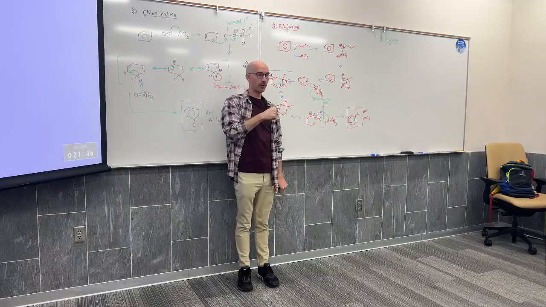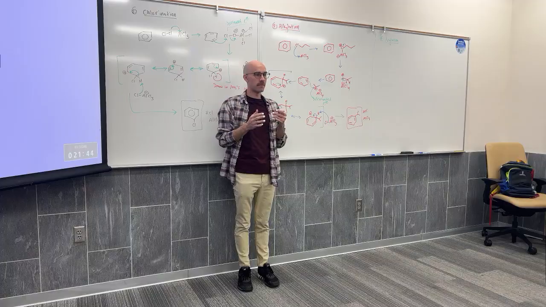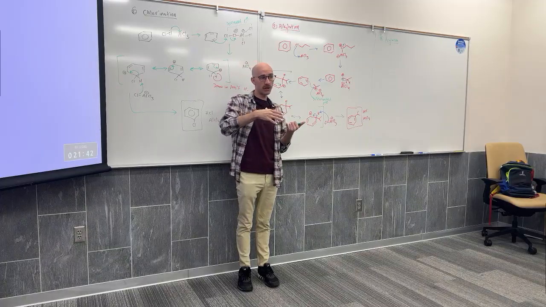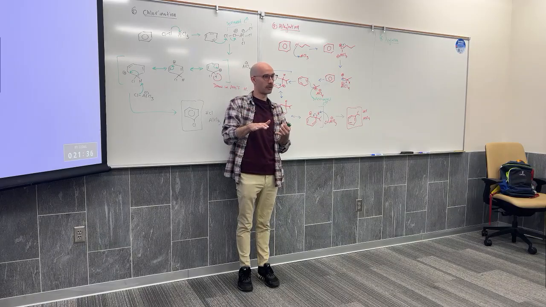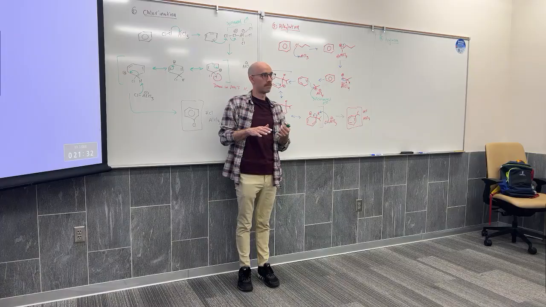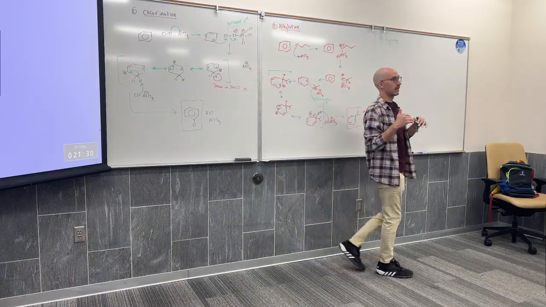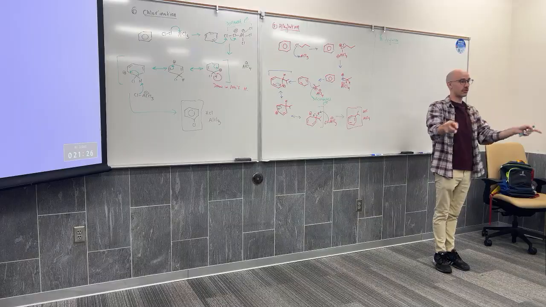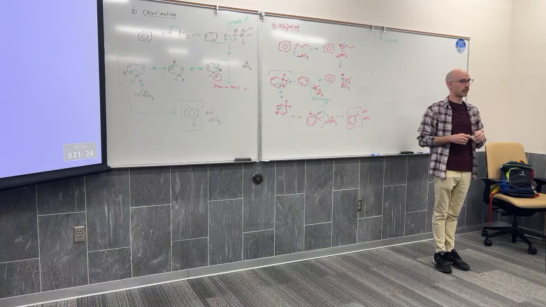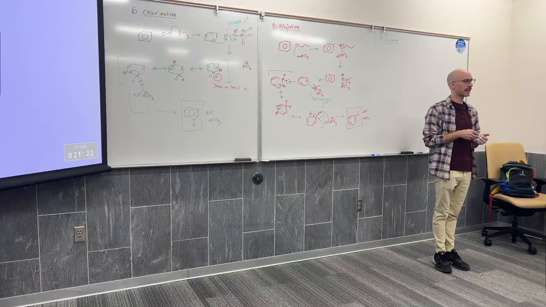The isopropyl group, the alkyl group, is going to change the nucleophilic character of the ring. There's five other positions that can be nucleophiles. They're not all equal in their nucleophilic character. It changes the nucleophilic character and directs certain positions to be more nucleophilic. So we'll look at that next.